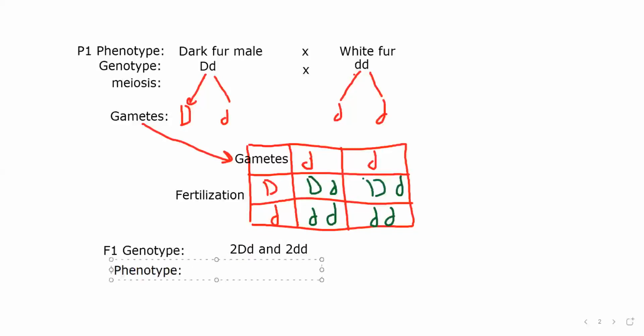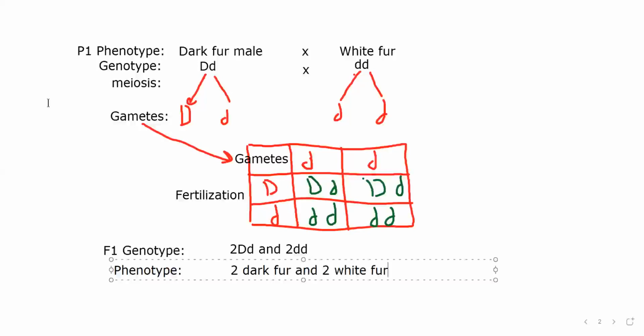I'm interpreting from the results I have here. So I'm going to quantify it as well, always quantify: 2 dark fur, 2 white fur.